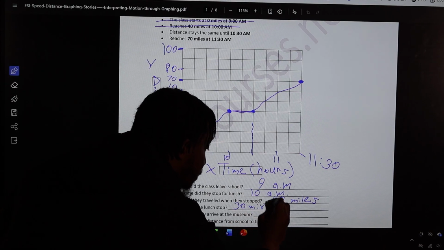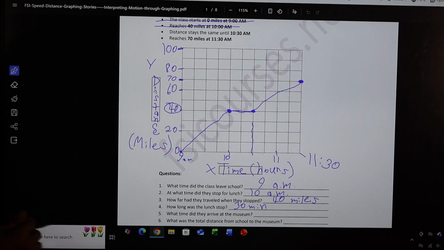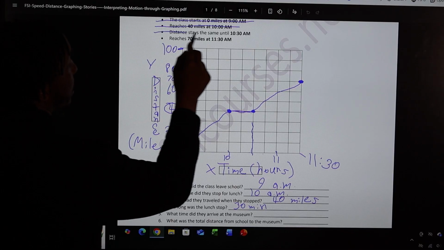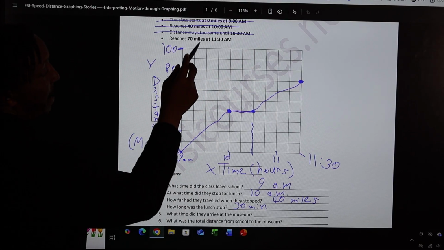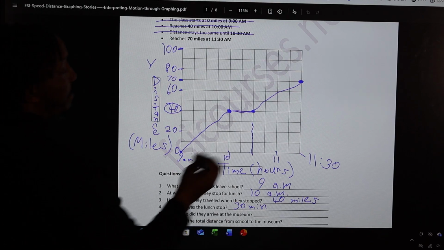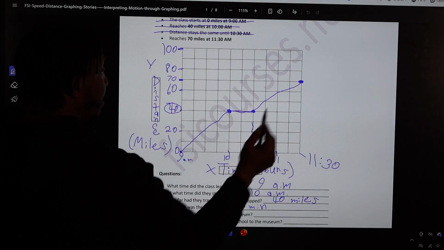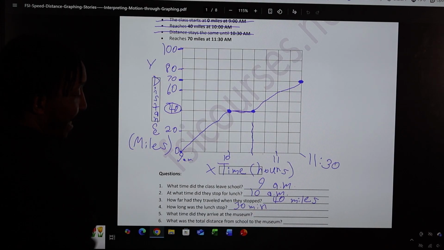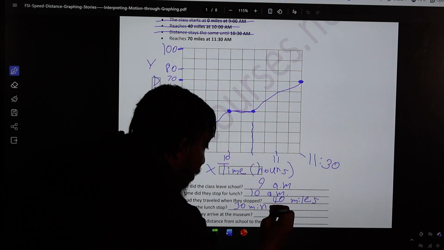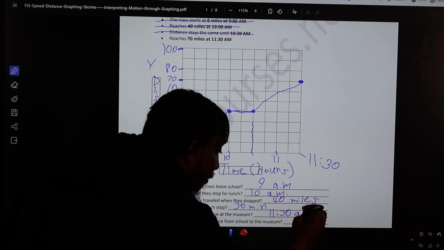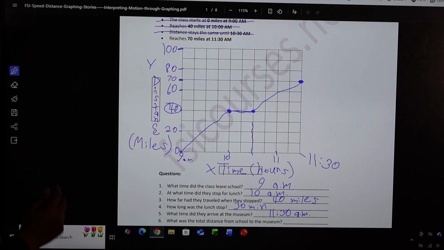So 30 minutes. And then what time did they arrive at the museum? It says reaches 70 miles at 11:30 a.m. So here's 70 miles right here. I take it down. They got there at 11:30 a.m. What was the total distance from school to the museum?